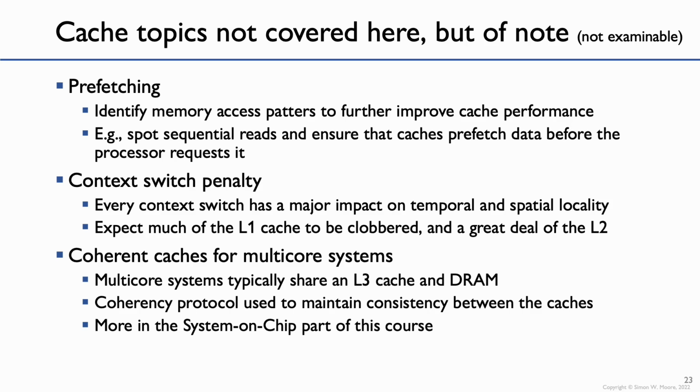But then we've got L1 and L2 caches that are often specific to particular cores, and we need some sort of protocol to ensure that if one core writes some data that another core wishes to consume, that data is forwarded. That's quite a tricky problem, and is something we're going to talk about a little more in the latter part of the course when we talk about systems on chip.